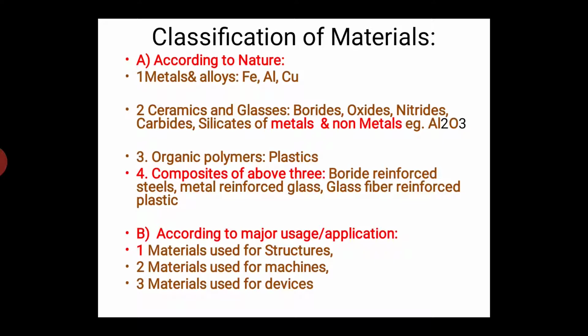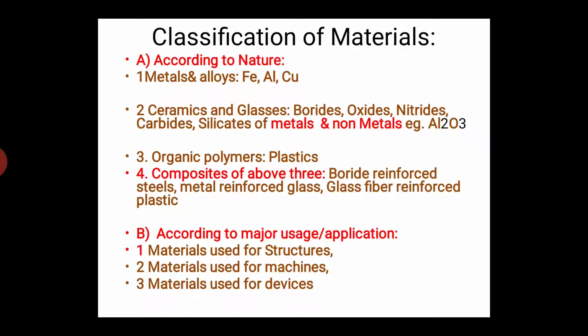Next, ceramics and glasses. Ceramics and glasses are also a type of material. Examples of ceramics and glasses are borides, oxides, nitrides, carbides, and silicates. Then organic polymers. Plastic is one of the organic polymers.